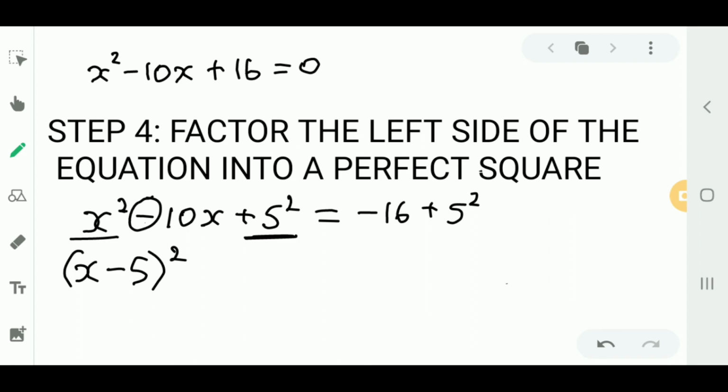If you were to expand this bracket, you get back this right here. So now I can actually write the 25 here, is equal to minus 16 plus 25, which is 9.